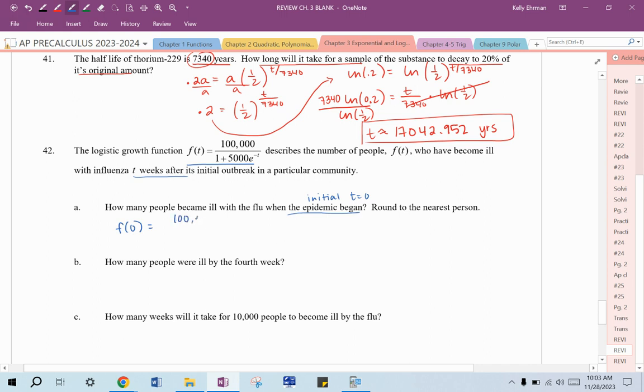That would be 100,000 divided by 1 plus 5,000 times e to the negative t, but that's still e to the 0. Now, e to the 0 is just 1, right? So really, this is just 100,000 divided by 1 plus 5,000. Round to the nearest person.